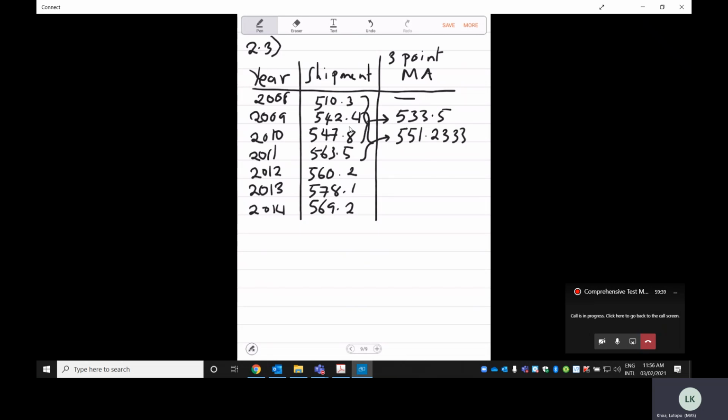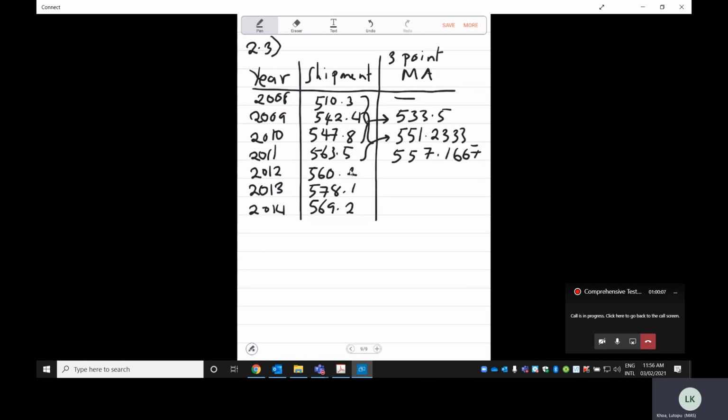Then I have 551.2333. So this one, I said 542.4 plus 547.8 plus 563.5 and then divided by 3. Then I do the same thing with the next one, this plus this divided by 3. My answer goes over there. This is 557.1667.